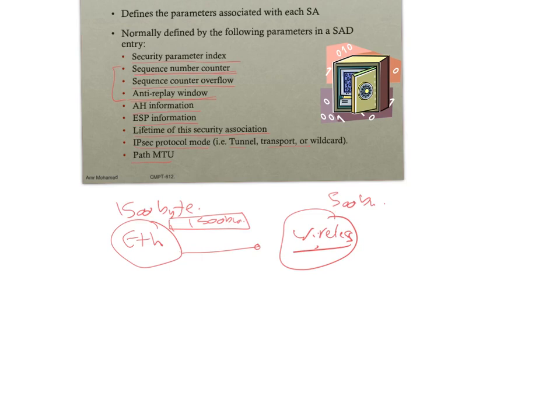So in IP we studied the fact that from here to here we have to divide this into 3 different fragments, we call it. So from 1500 we go 500, 500, 500. Okay? So that's fragmentation, and sometimes we have to do it.